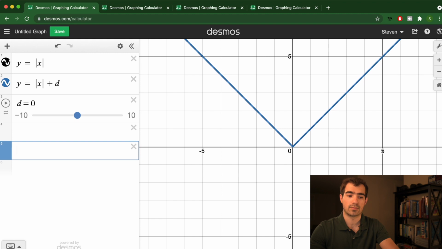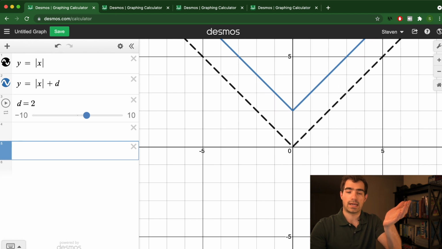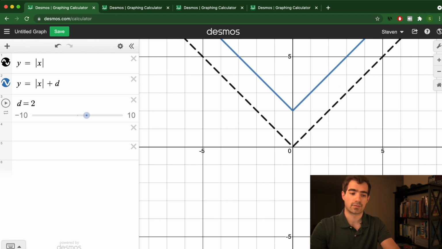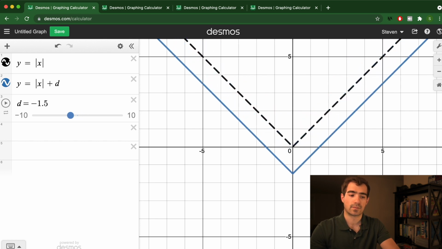So for example, if I move d positive, we can see that lifts the graph up by however many units of d. In this case, d is 2, and we can see our graph moves up by 2 points. Or if we make d negative, that shifts the graph downward. Depending on the sign of d, this will determine whether our graph shifts up or down and by how many units.